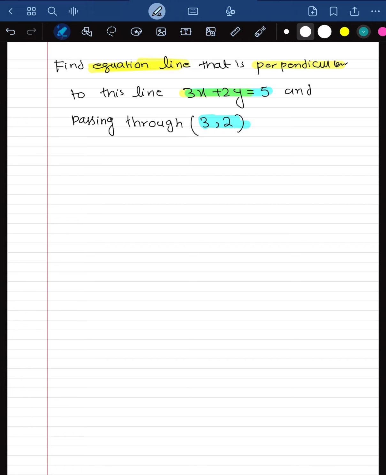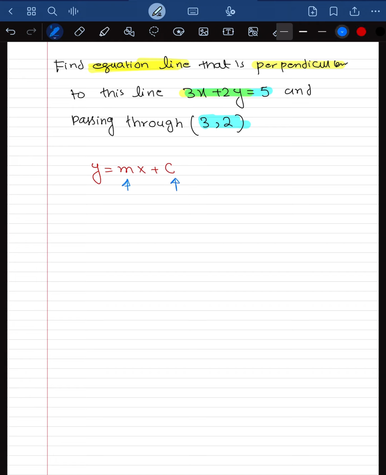Whenever you have to find out the equation, we use the same formula: y is equal to mx plus c. So we need to know two values, the value of m and the value of c. First we will calculate the value of m.